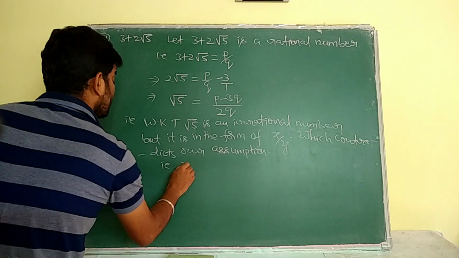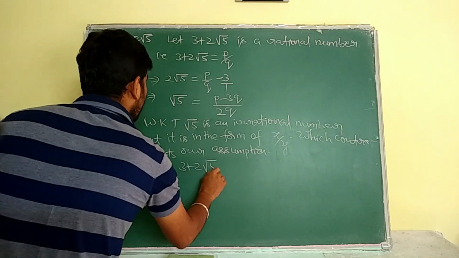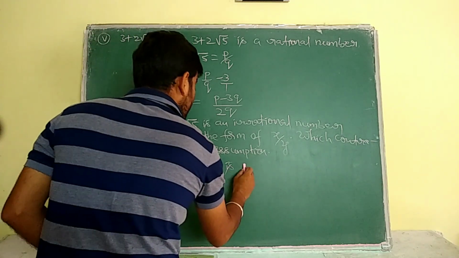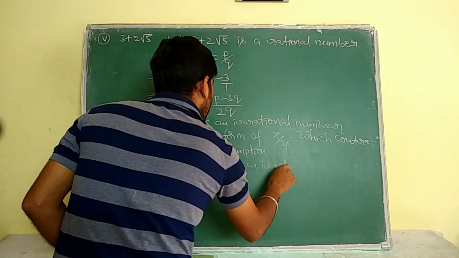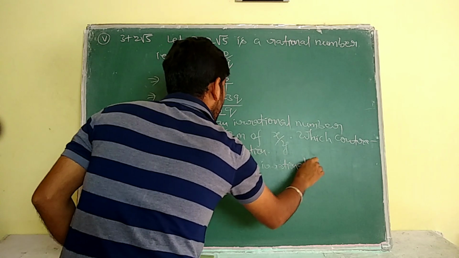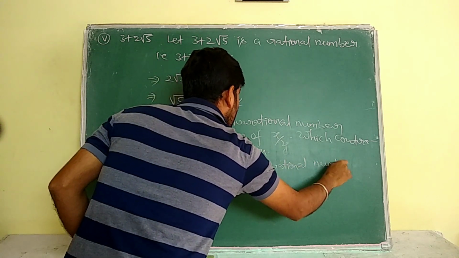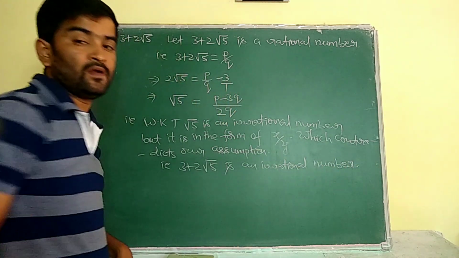That is, 3 plus 2 root 5 is an irrational number. Okay?